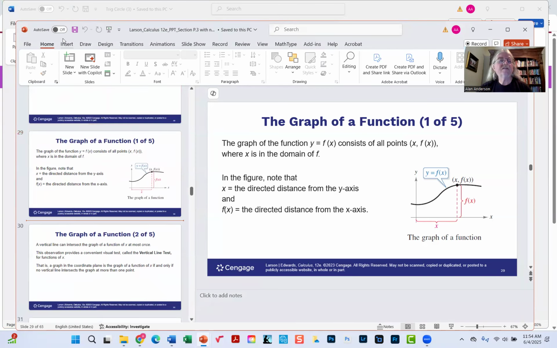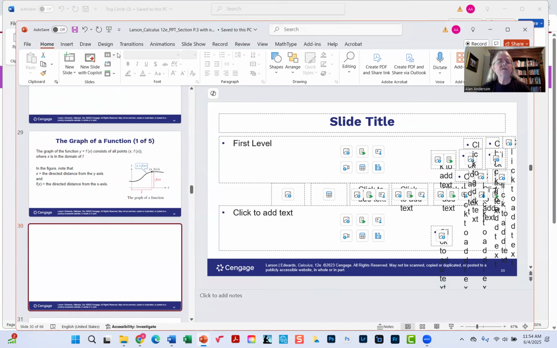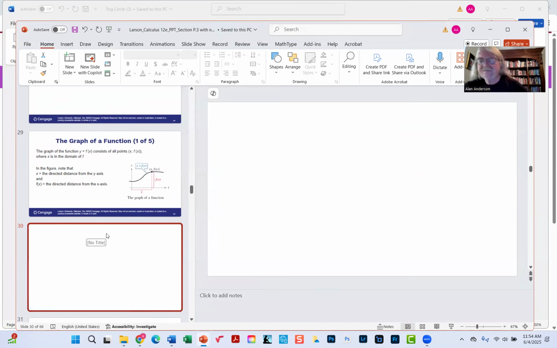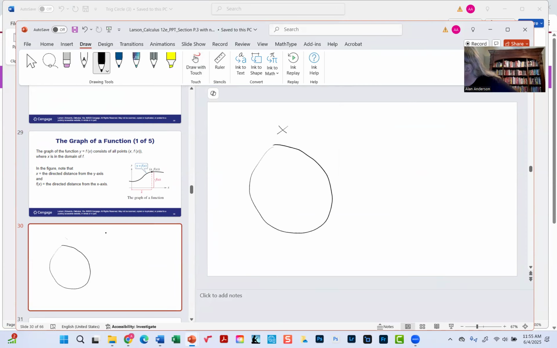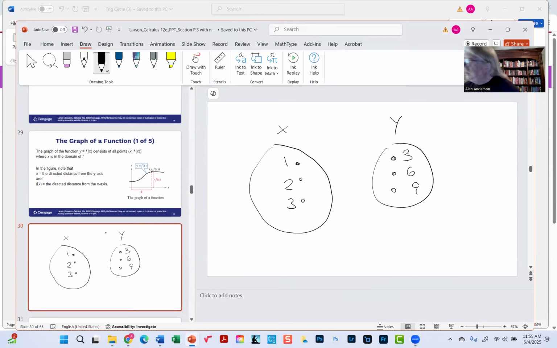You may have seen these types of diagrams before, where the domain could be represented as a set. Let's keep it simple. Say x only contains the integers 1, 2, and 3, and y contains, let's say, 3, 6, and 9. Let's assume that x equals 1 is associated with y equals 3, x equals 2 is associated with y equals 6, and x equals 3 is associated with y equals 9.